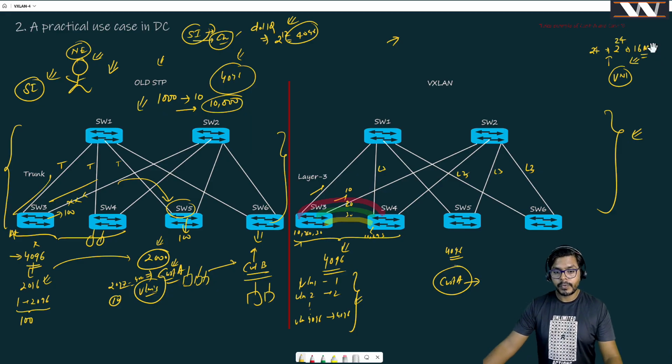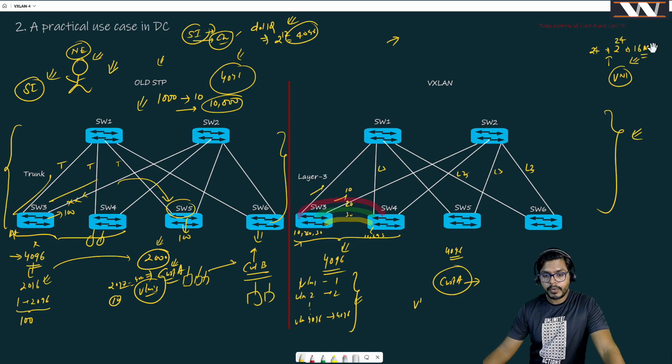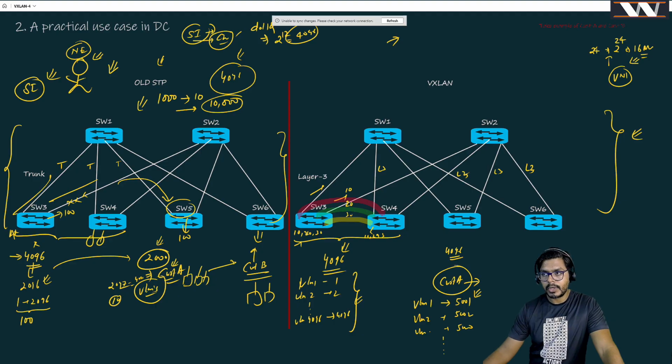But for them, the VNI should be different. He's saying to customer A that if you are using VLAN 1, then the VNI for this should be maybe 5001. For VLAN 2, it is going to be 5002. For VLAN 3, it is going to be 5003, and so on. We do not have a shortage of these numbers.